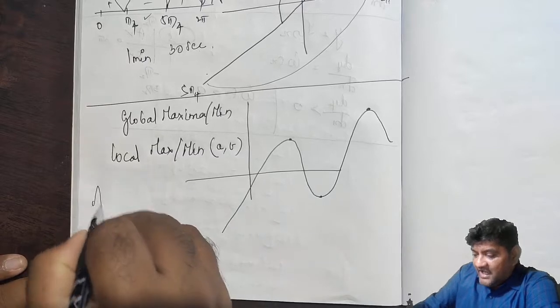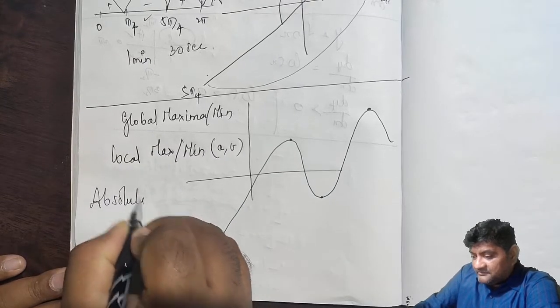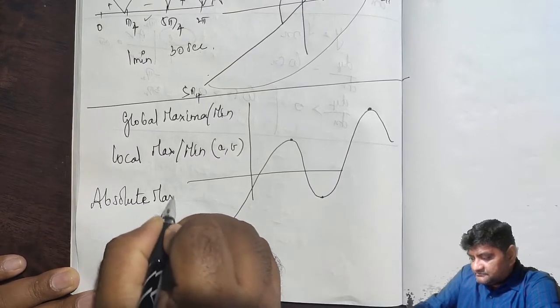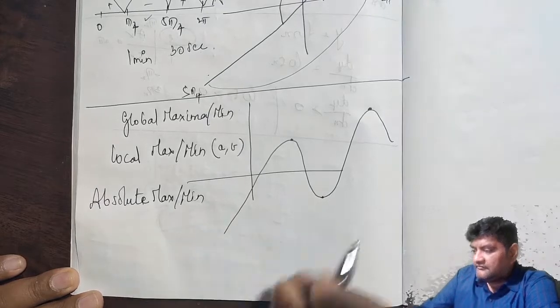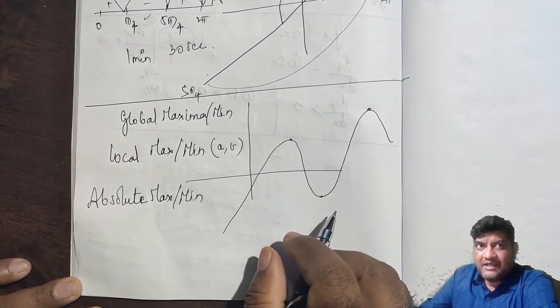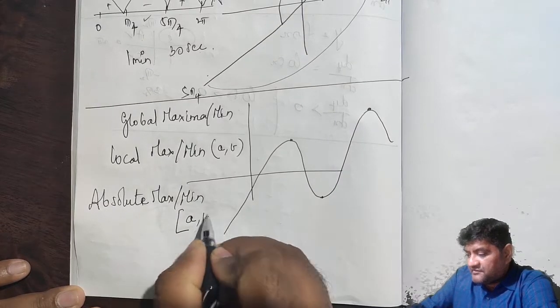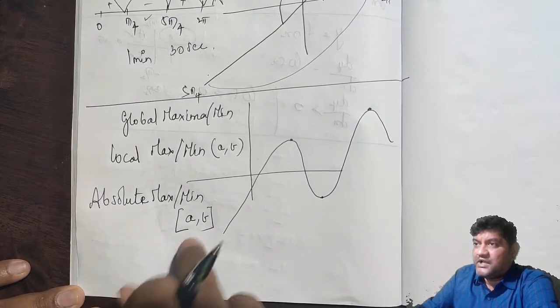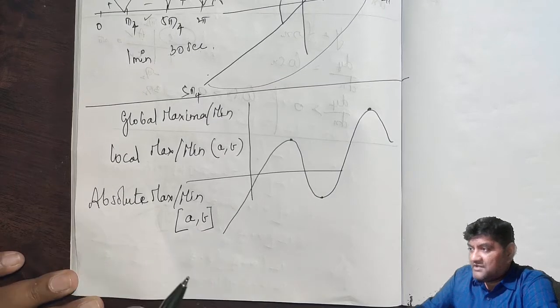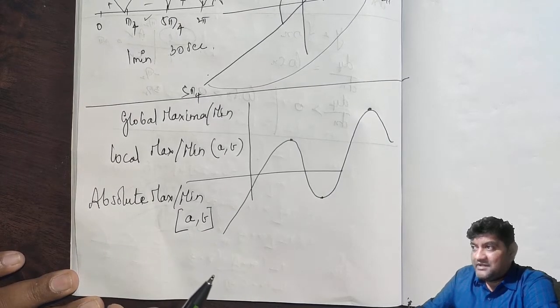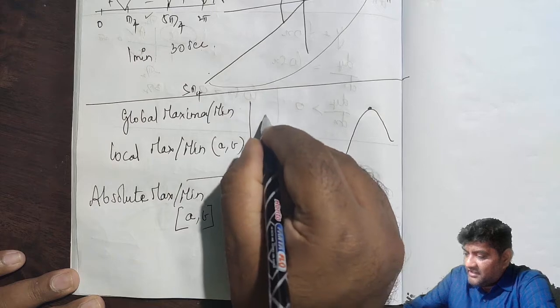And then you have the absolute maxima and absolute minima. For absolute maxima and absolute minima, they will give you a closed interval. If there is a closed interval question, understand that he is asking you for an absolute maxima and absolute minima. He will give you the closed interval.